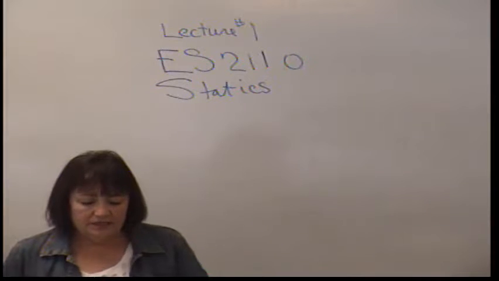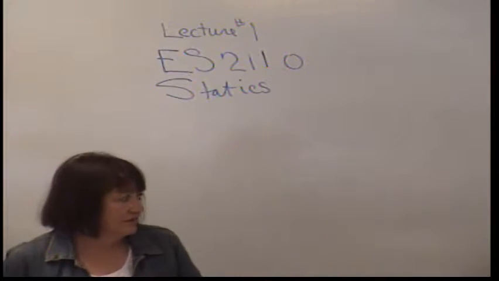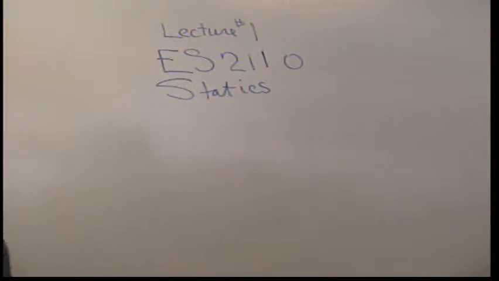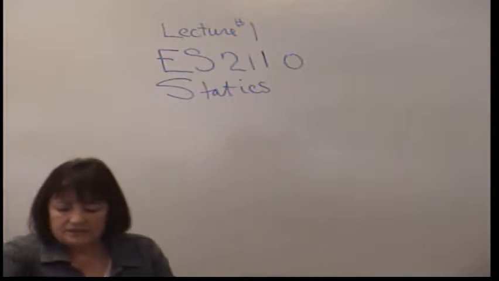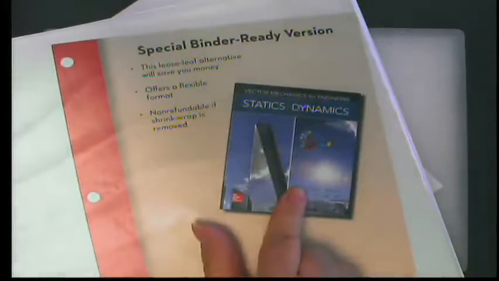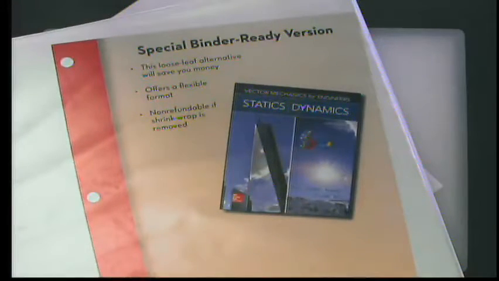The book that you need is called Vector Mechanics for Engineers: Statics. And the textbook looks like this. It's the 11th edition. Now, the textbook comes in two different formats. Sometimes you can get a very thick book that is statics and dynamics put together.